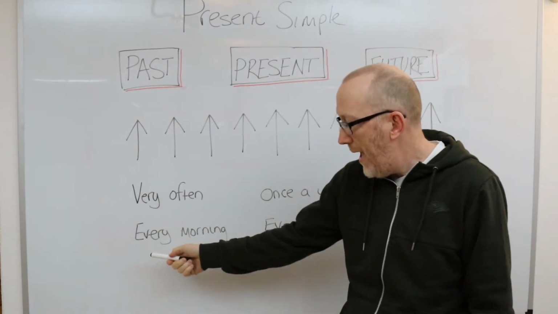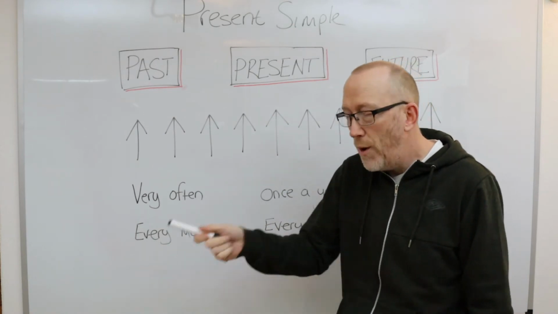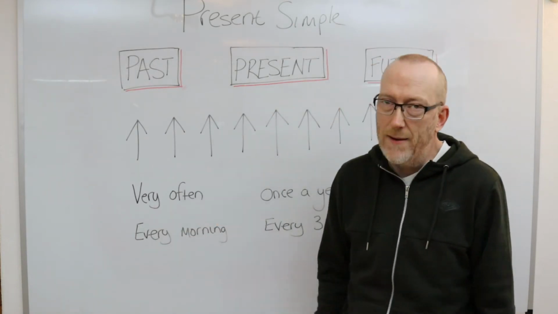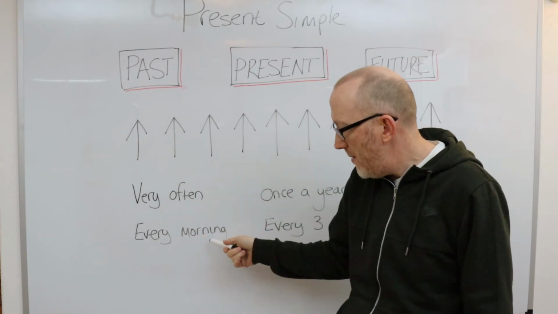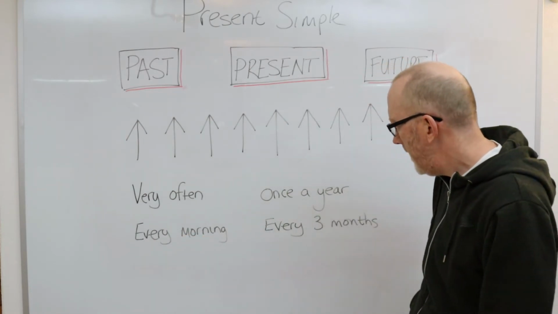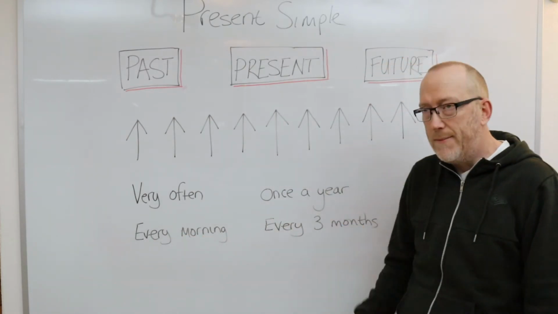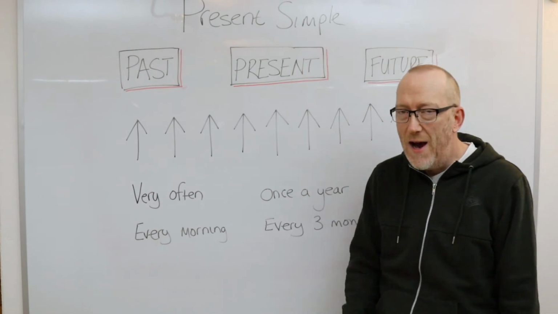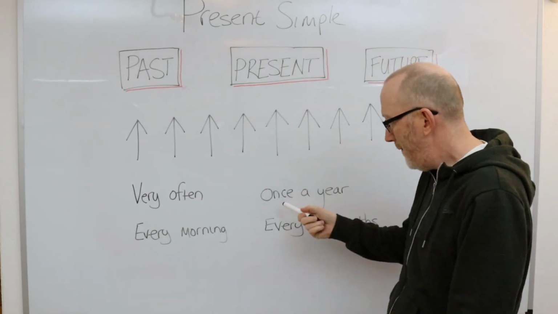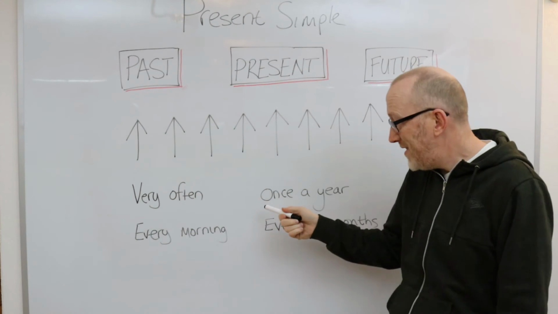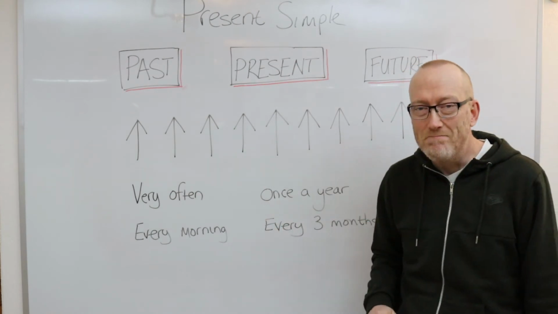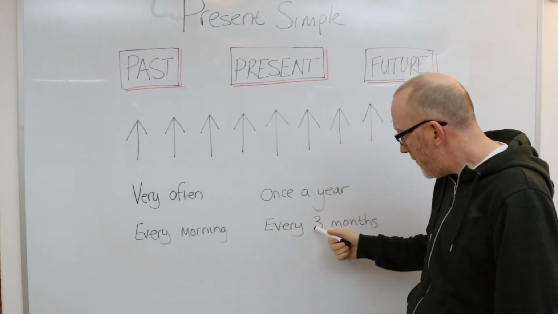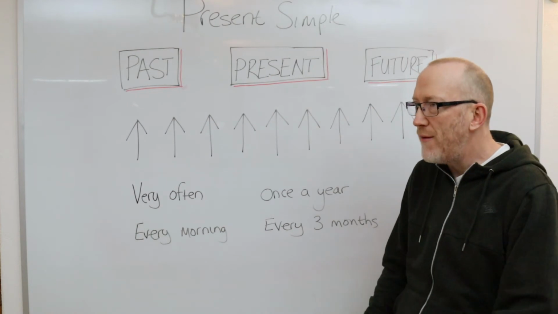Every morning. What do you do every morning? I drink coffee every morning. Once a year. I'm trying to think, what do I do once a year? I take my car for its MOT once a year. Every 3 months. What do I do every 3 months?